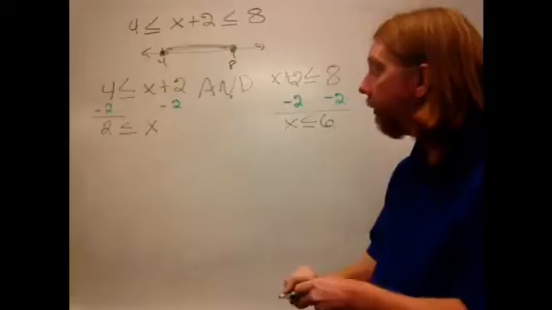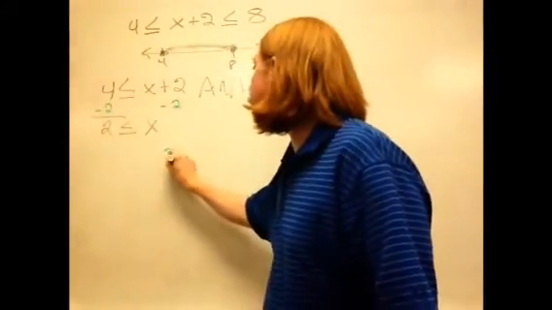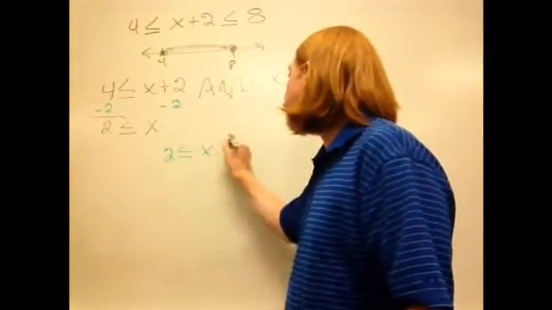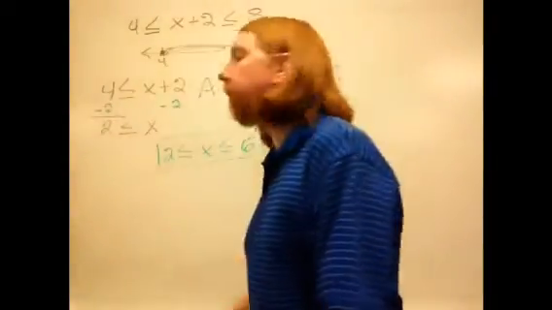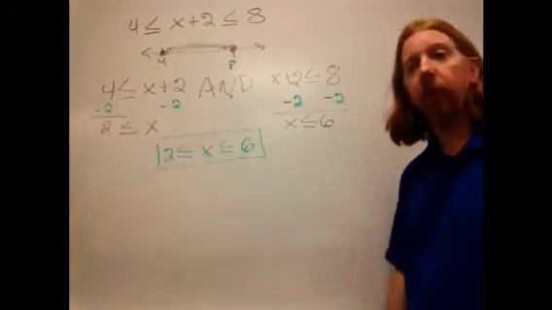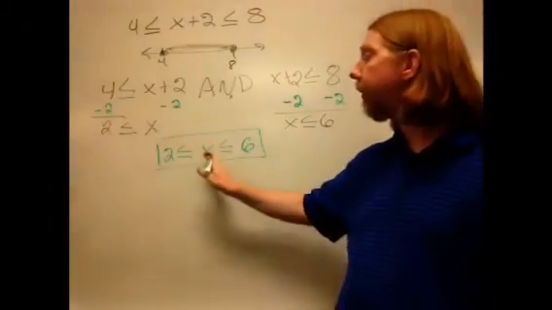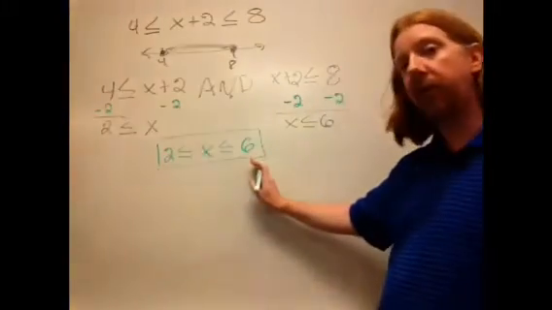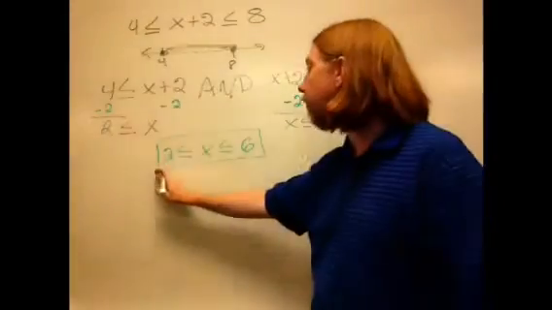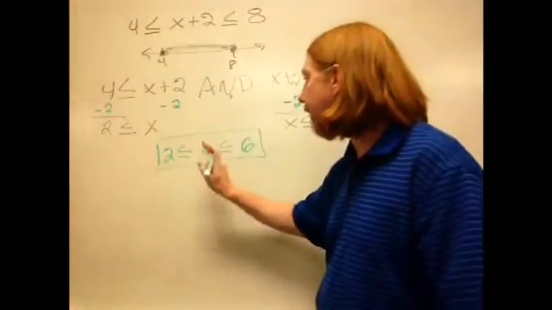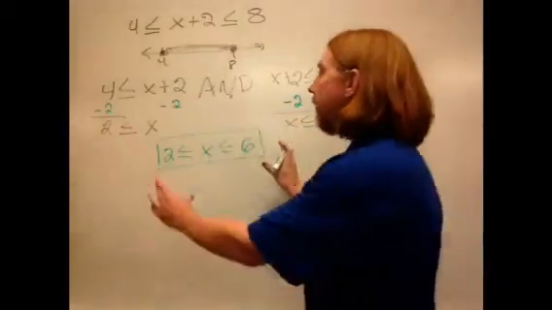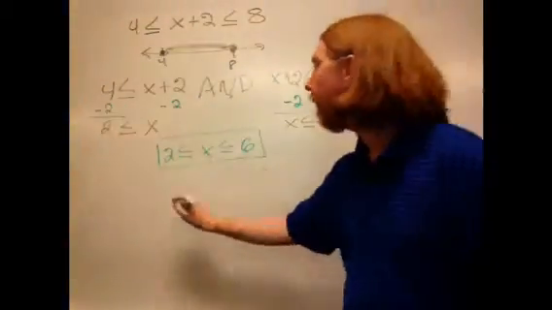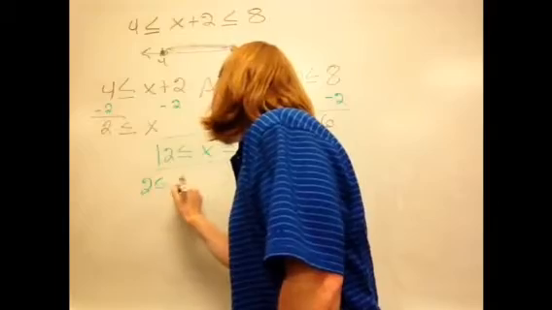So if I want to write a solution out, I would write 2 is less than or equal to x, which is less than or equal to 6. That's my solution in terms of words. I can use any number as long as it's between 2 and 6. I could also write this as 2 is less than or equal to x, and x is less than or equal to 6. I can use this word and to split these.